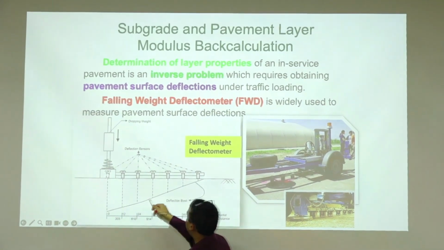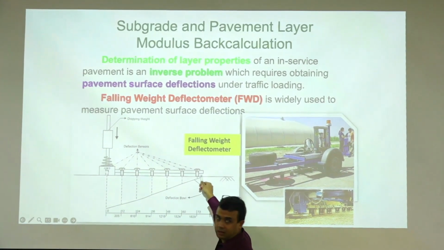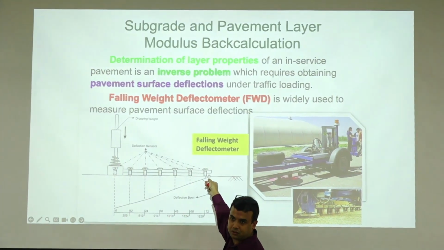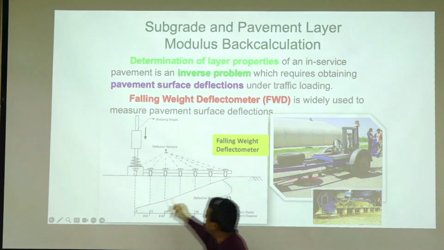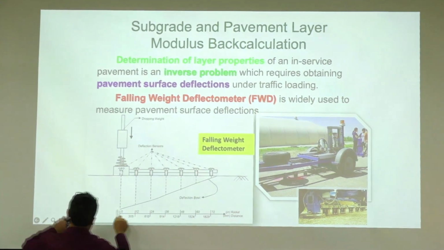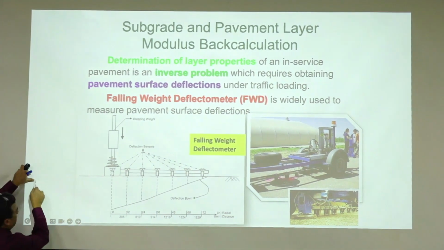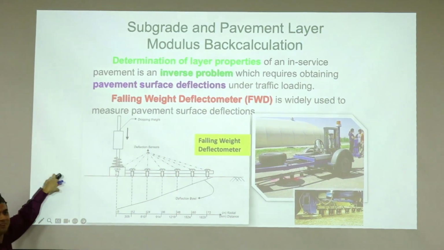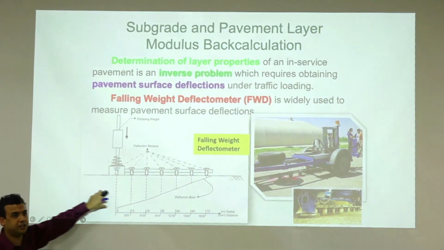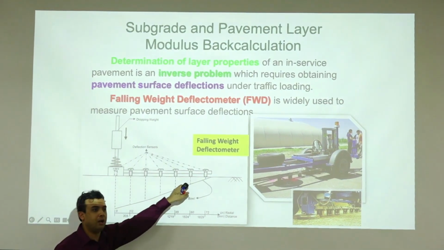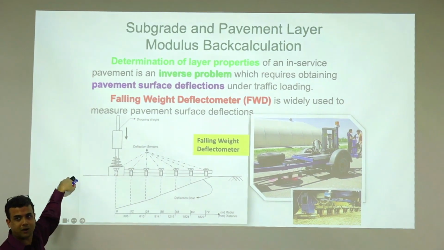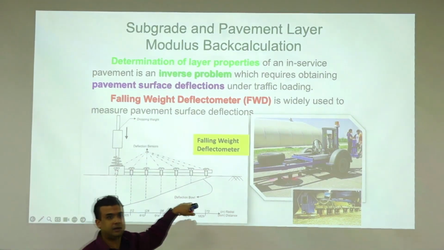As you go away, the deflection is going to be small, 0. And this is symmetric. So if you have on the other side, it will look exactly the same, or should look exactly the same if the conditions are the same. So that is called the bowl, deflection bowl, or what is known as a deflection basin, right?